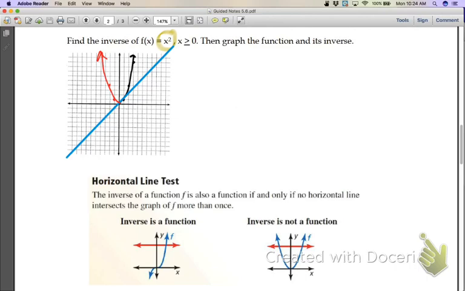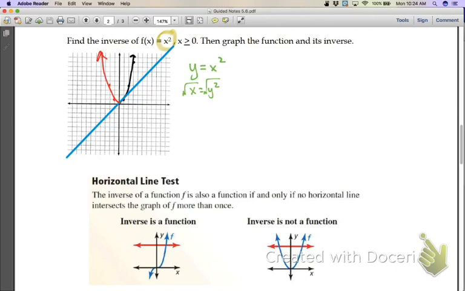Because whenever I take y equals x squared, I change the f of x to y, then I switch the x and y values, then I need to solve for y.